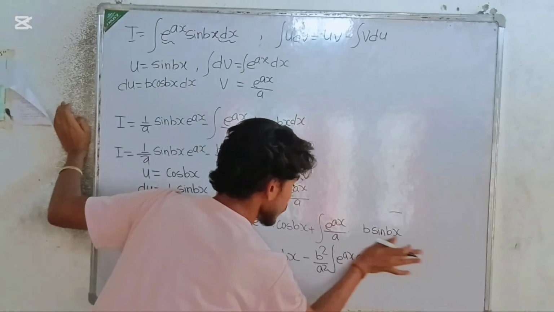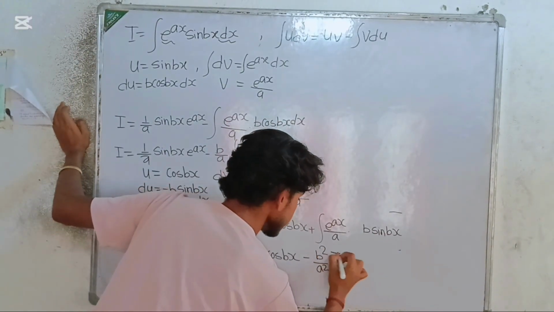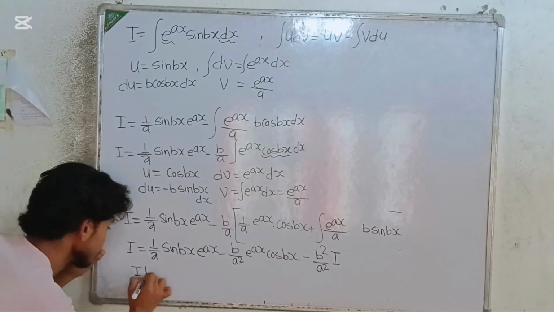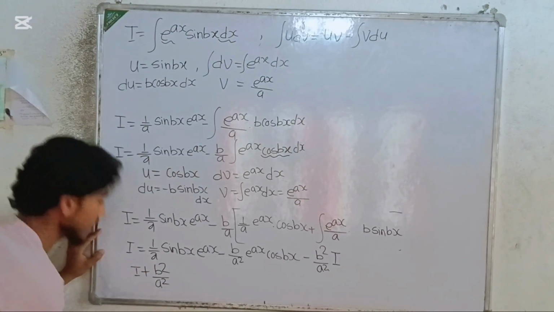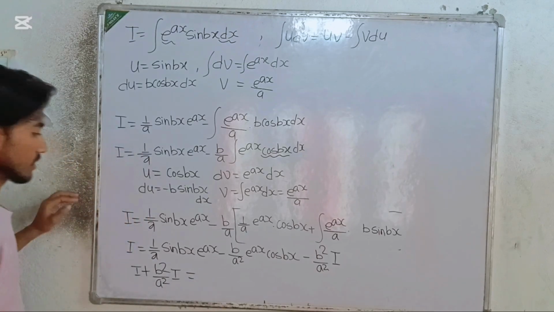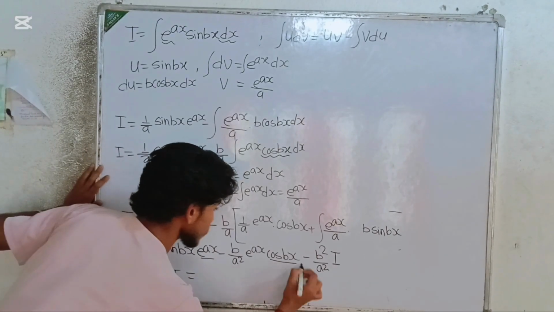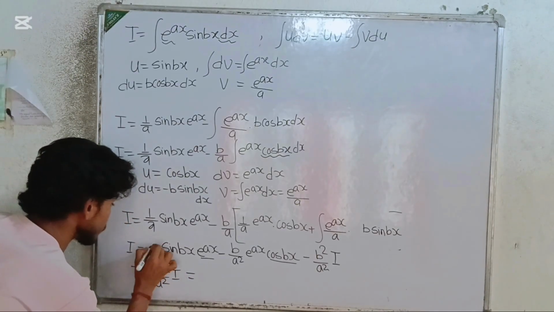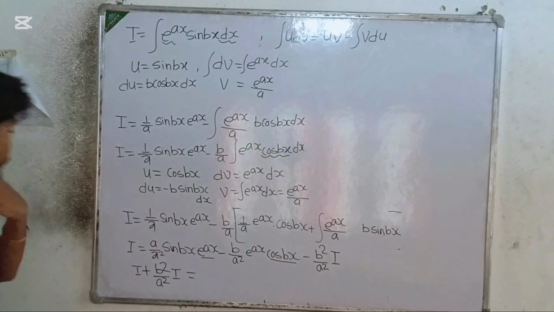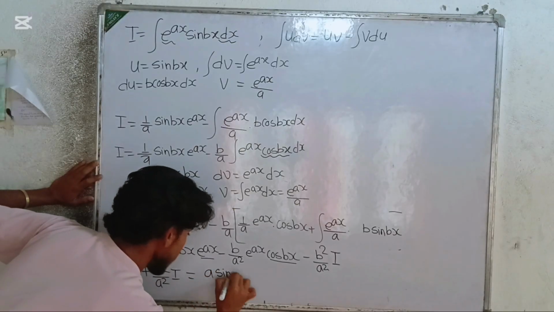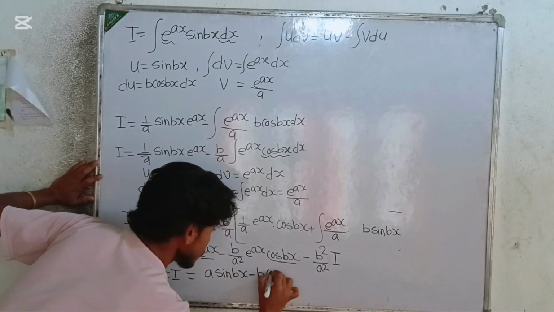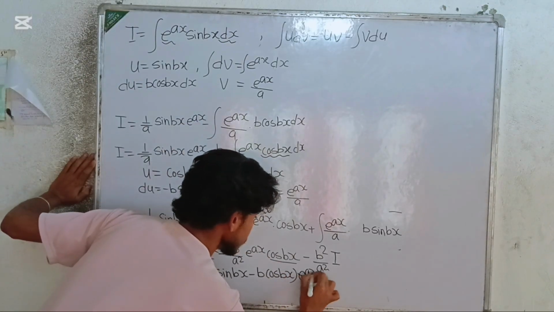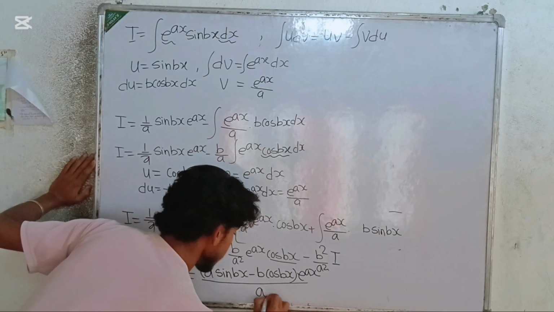Writing the whole equation, I can write it as I equals that expression, and if I take this term over, I get I plus b squared over a squared I. Now if I take e to the ax common from each side and make a squared in the denominator, I get a sine bx minus b cosine of bx times e to the ax, divided by a squared.